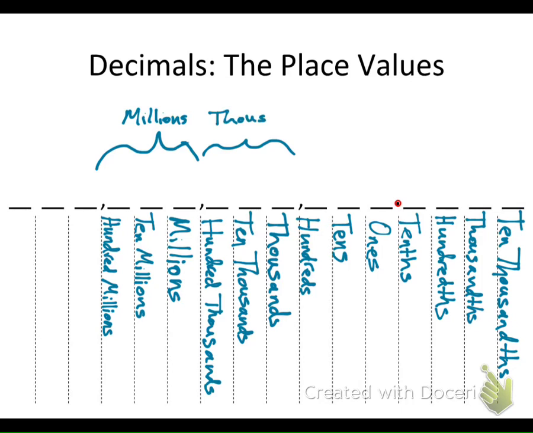You have the little brackets, write it above your little bracket. And then the next one will be ones. You see how it's separated by the commas? That's the ones, the thousands, the millions.